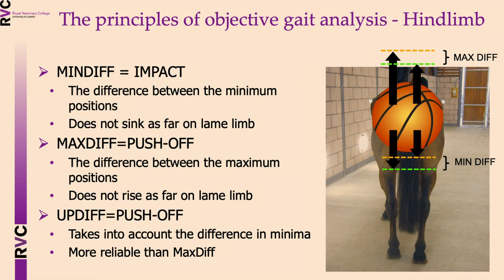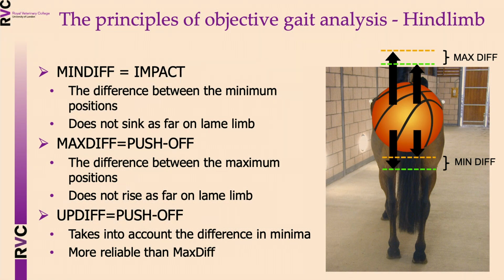So we get an asymmetry in the min diff and the max diff, just like I've described for the foreleg.